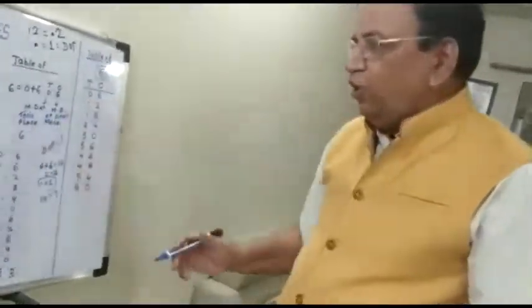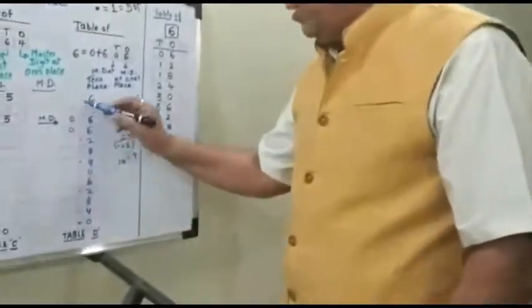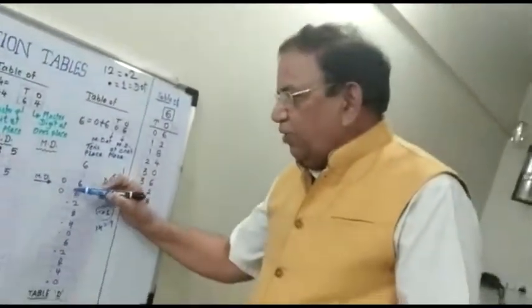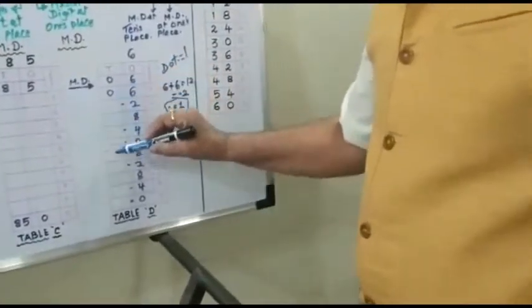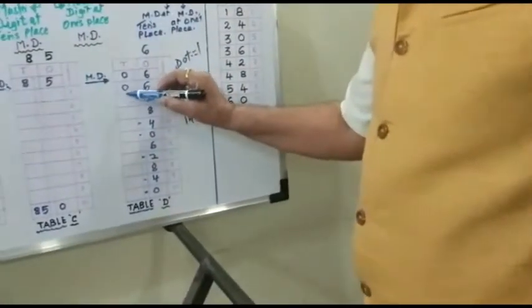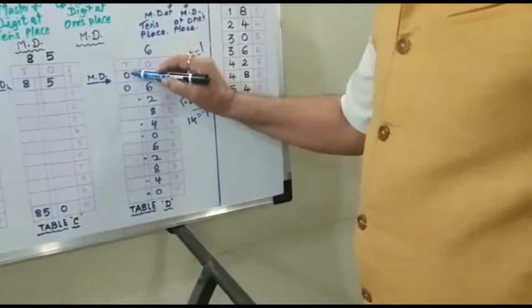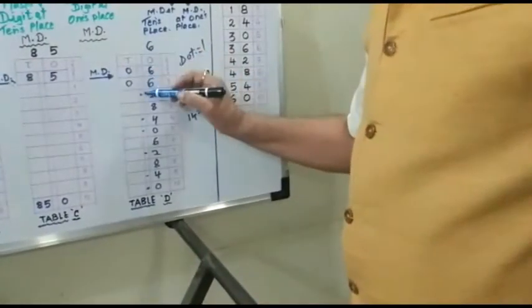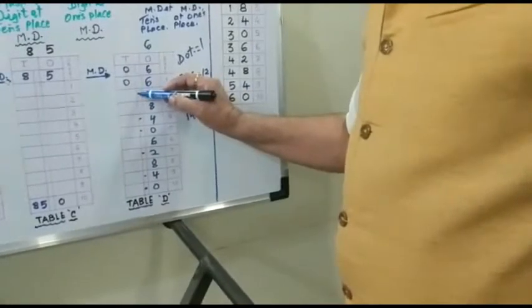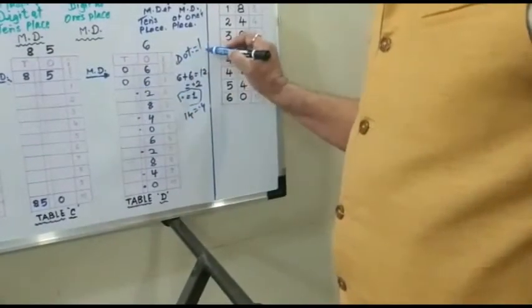Now let's get the numbers at the tens place. Now this is the number that we know, and now we want to get these numbers. So let's start from this number. So what is the master digit? 0, and this is also 0. So 0 plus 0 is 0, but there is a dot here, right? So dot is 1.